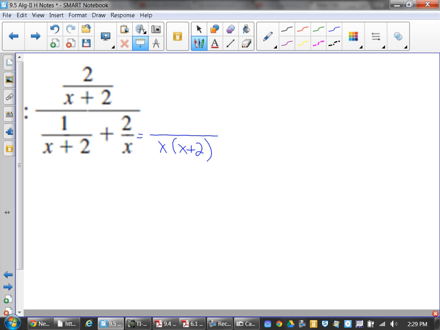What does this side need? An x. So what's 1 times x? x. What does the other side need? So simplify that numerator. I'm looking at just this part of the numerator. 3x plus 4. Right.